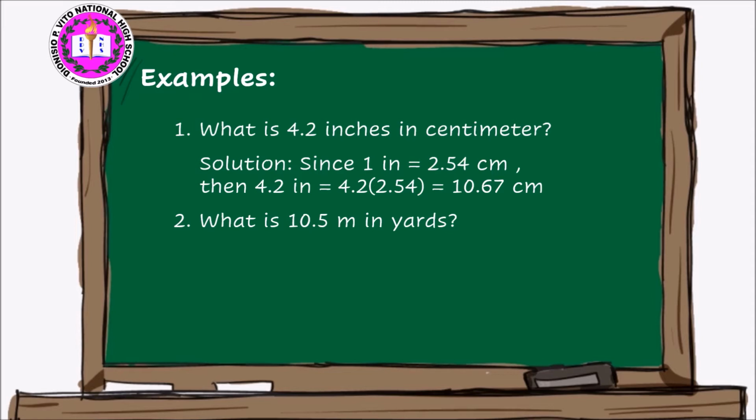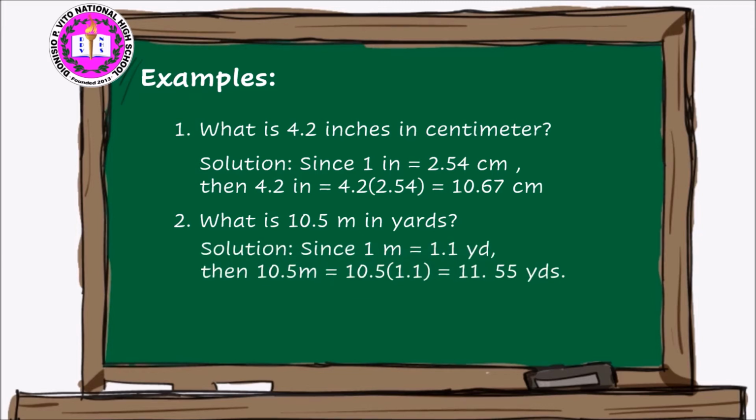Therefore, 4.2 inches is equal to 10.67 centimeters. Number 2, what is 10.5 meters in yards? So our solution: since 1 meter is equal to 1.1 yards, then 10.5 meters is equal to 10.5 times 1.1, which is equal to 11.55 yards.